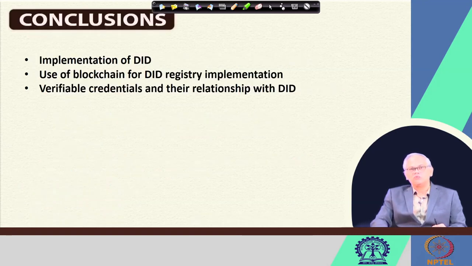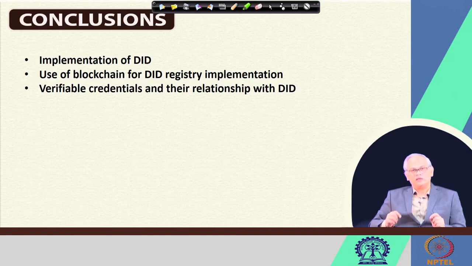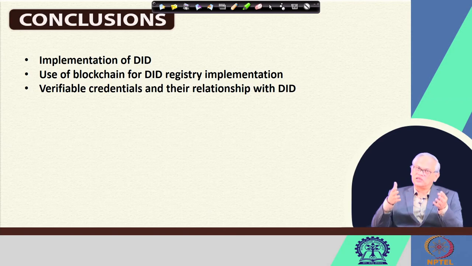So, with that we will come to the conclusion slide of this lecture. We have talked about how DIDs are implemented. In the last lecture, we introduced the concept of DIDs, and here we showed how these DID documents look like, how they are maintained in the data registries, and from there we motivated what the problems with centralized DID registries are, and why we need to go for decentralization of this.